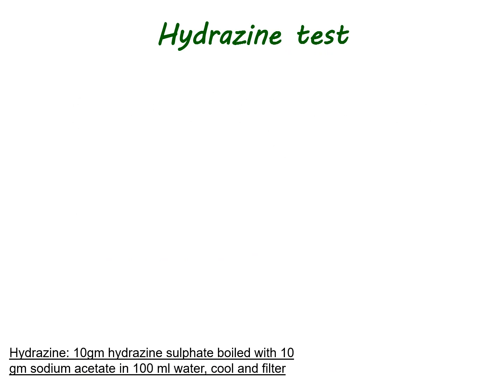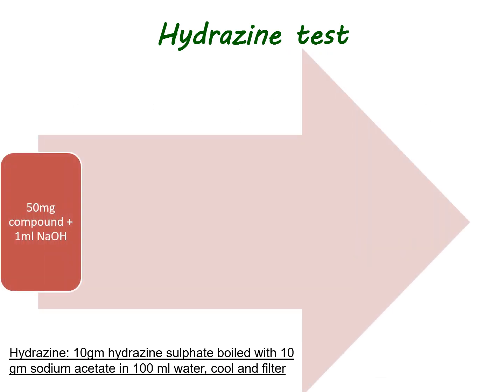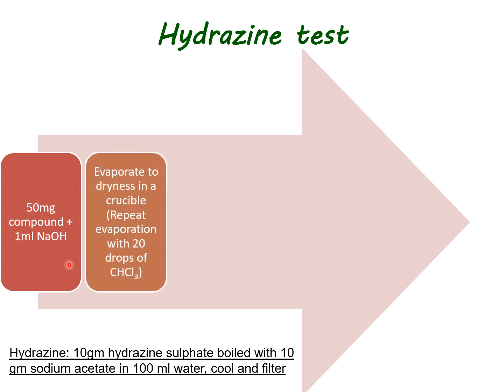Next we have the hydrazine test. Here the compound is first dissolved in NaOH and evaporated to obtain a residue. It is mixed with chloroform and again evaporated to get a residue.